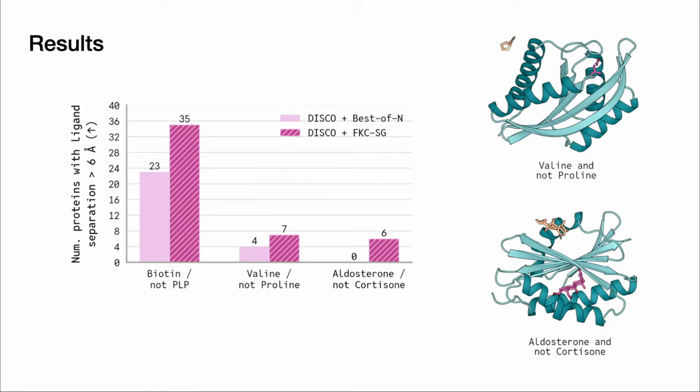And we want to bind to, this is A set minus B, so we want to bind to biotin and not PLP. And you can see that in a lot of cases, just making a lot of attempts, it's going to work because it's an easy case, okay? But in some cases, out of 1,000 generations, you'll get 0. And this is where the guidance helps.